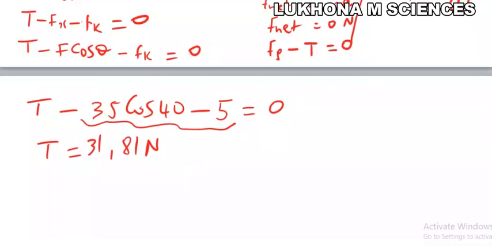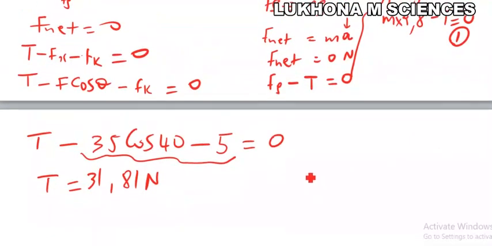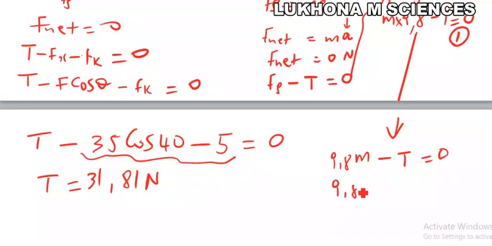Now let's go to the first equation: 9.8 times m minus T, which is equal to 0. Then let's substitute. The tension is 31.81. So it's 9.8m minus 31.81, which is equal to 0.